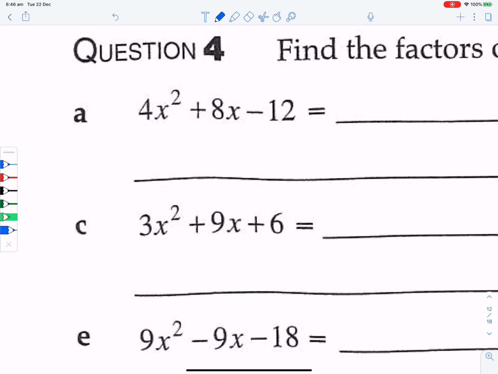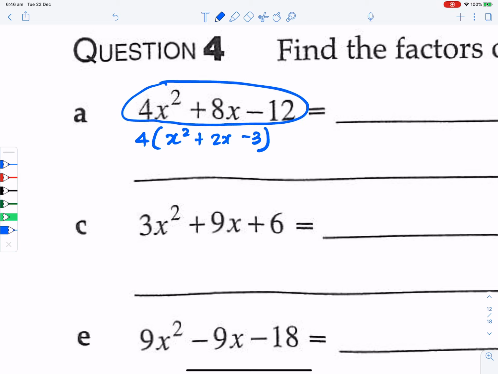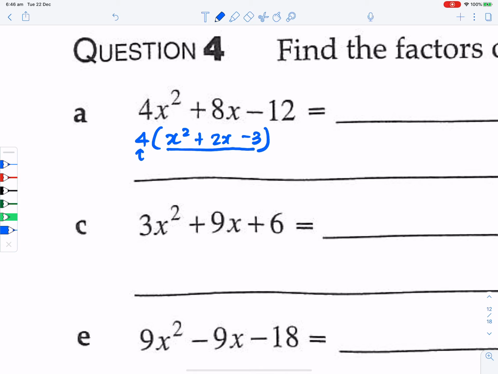What you should really do here is be taking out the 4 first as a common factor. And so by doing that, even though the actual question is a non-monic quadratic trinomial, by taking out the 4 to the front, you now need to focus on factorizing that there. So, how do you factorize the x squared plus 2x minus 3 part?